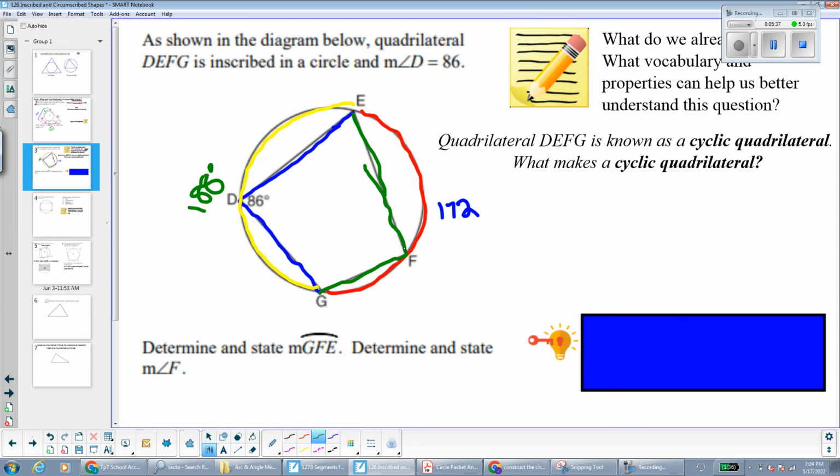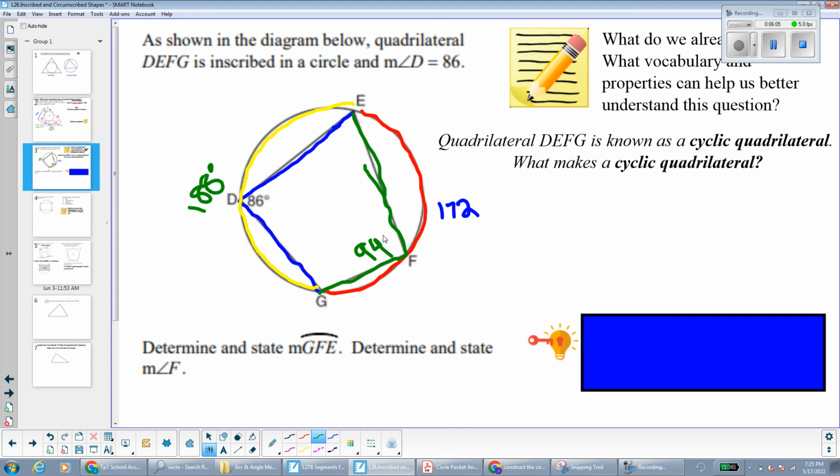Since inscribed angles are half the measure of their intercepted arcs, half of 188 is 94. Take a second and add together 86 and 94, the two opposite angles in this quadrilateral. You probably got 180 degrees.